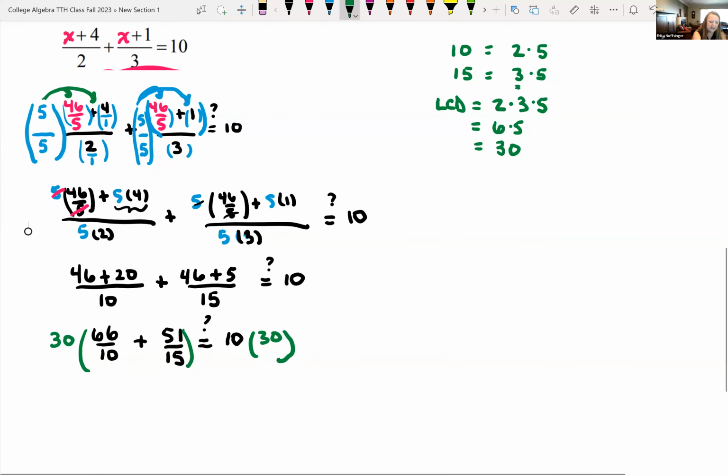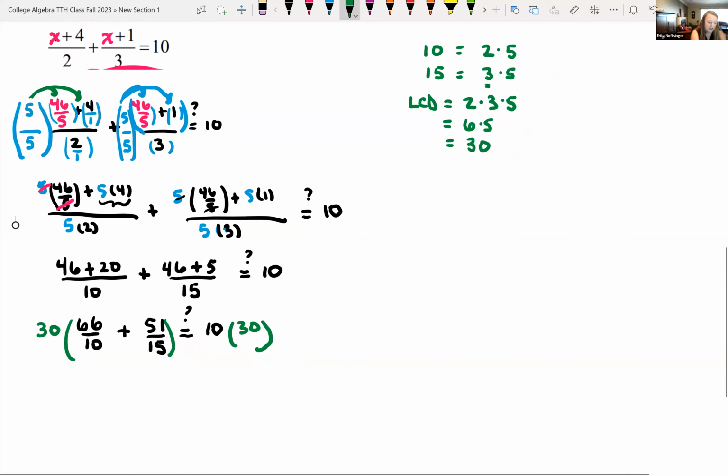Or I can get the LCD of 30 on both of those fractions and combine it as one. If I multiply by 30 on the left-hand side of the equation, I have more than one term, so it has to distribute to each one of those terms on the left-hand side.